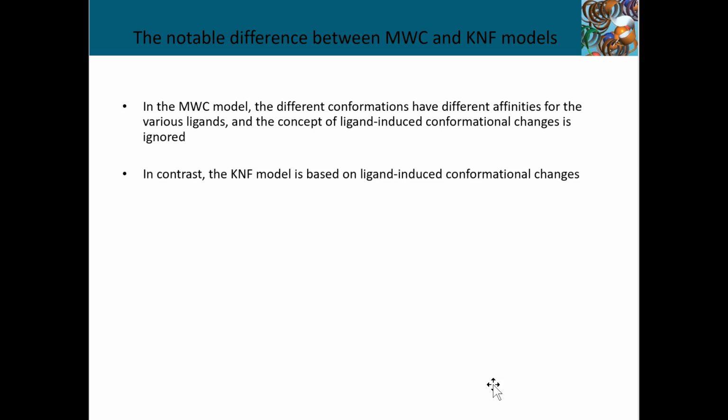However, in the KNF model, when you bind ligands, we are taking into consideration the fact that there are going to be conformational changes taking place. And even though I lean towards the KNF model in terms of explanatory power, the way I think of protein structure, function, and regulation, there is likely a lot to be said for a balance between these two, and some enzymatic systems probably lean more towards the MWC model than KNF, and some lean more strongly on the model supplied by KNF and less on the MWC.